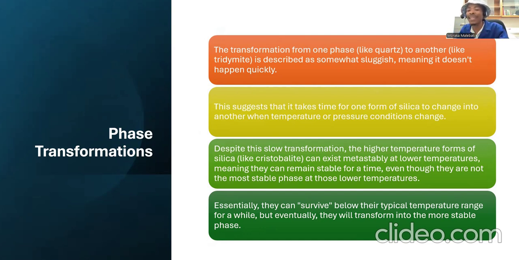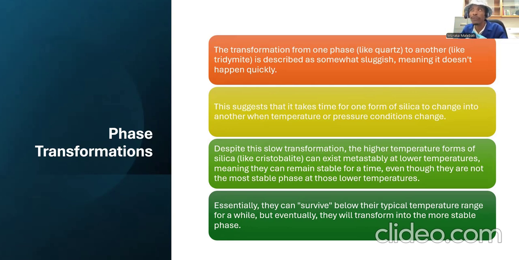Despite this slow transformation, the higher temperature forms of silica, like cristobalite, can exist metastably at low temperatures, meaning they can remain stable for a time, even though they are not the most stable phase at those lower temperatures. They are not comfortable at low temperatures, but they can withstand them for quite some time. But remember, it doesn't happen quickly.